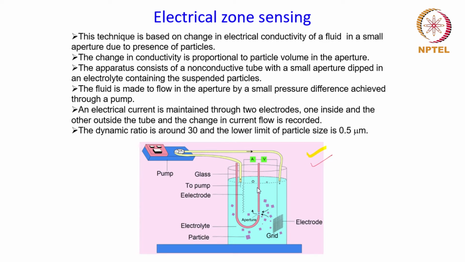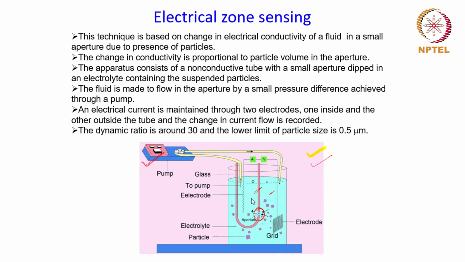Here is the tube that we are talking about, which is dipped inside this electrolyte, and the aperture is over here. The fluid is made to flow in the aperture by a small pressure difference, which is created through a pump. This is the pump which is used for that.